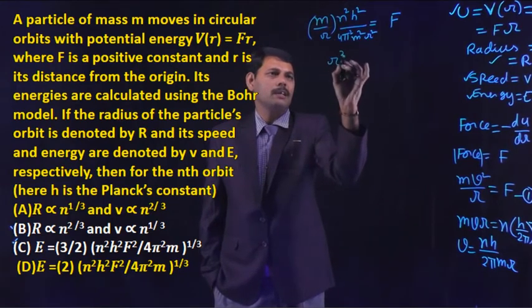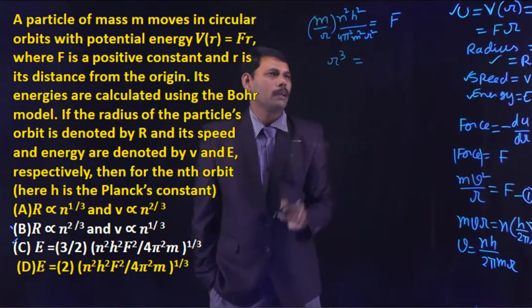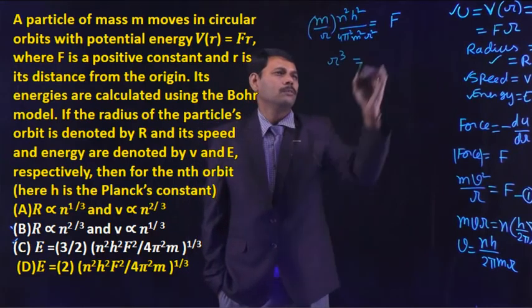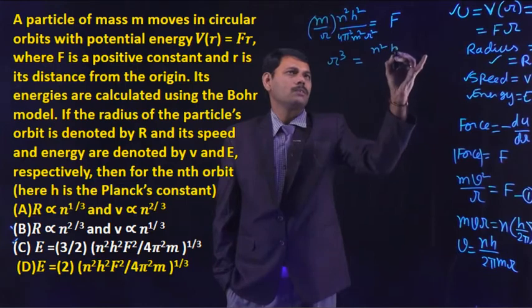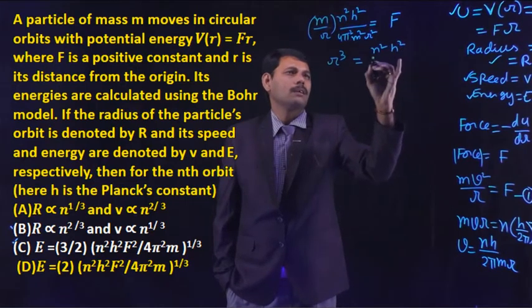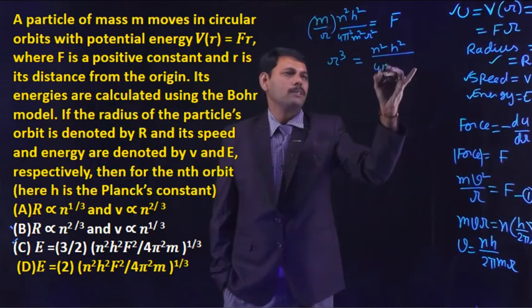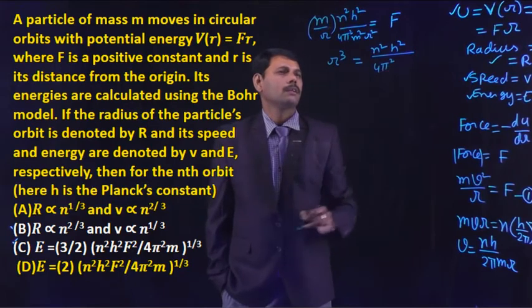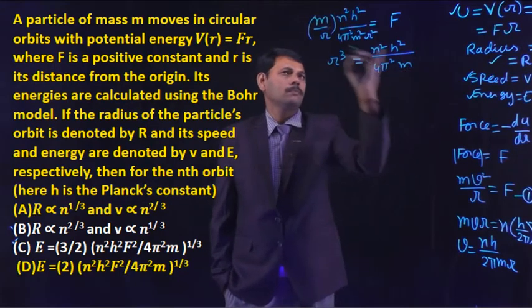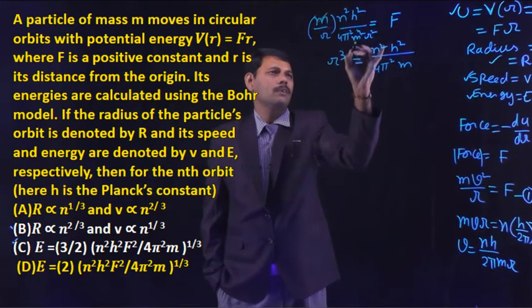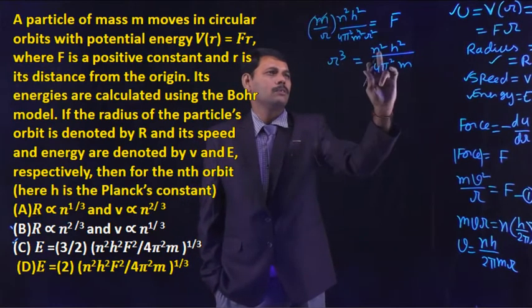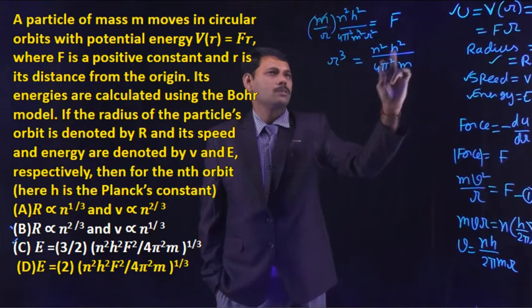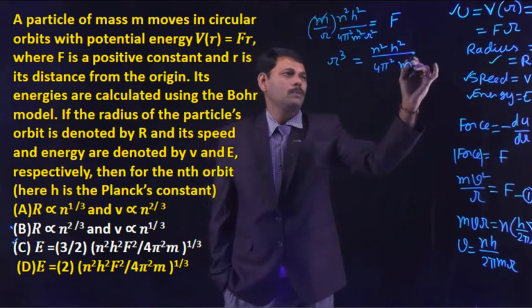From this we get r cube is equal to n square h square divided by 4 pi square m into F, since m square and m get cancelled, leaving m in the denominator.